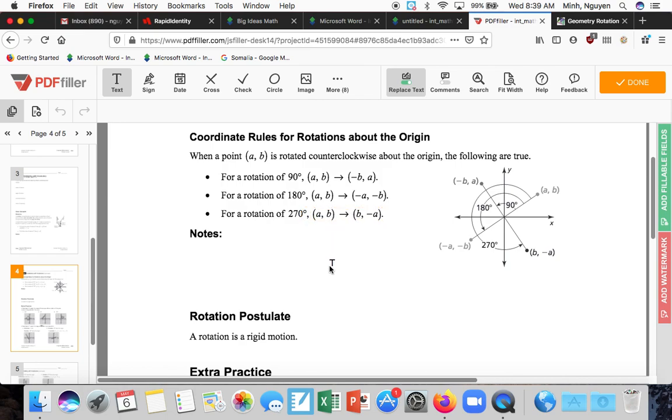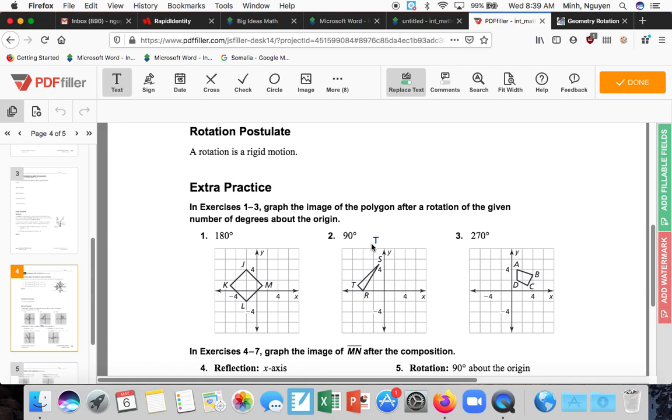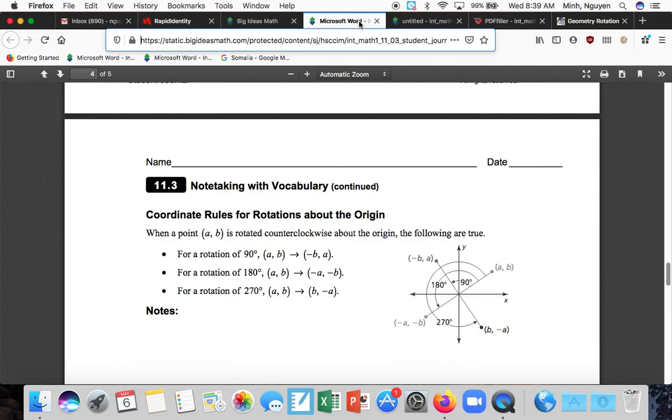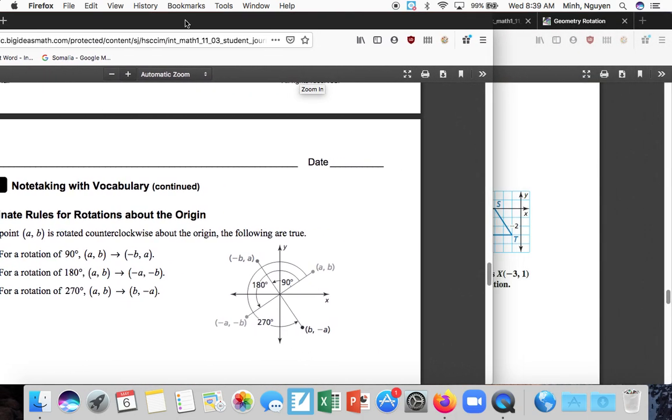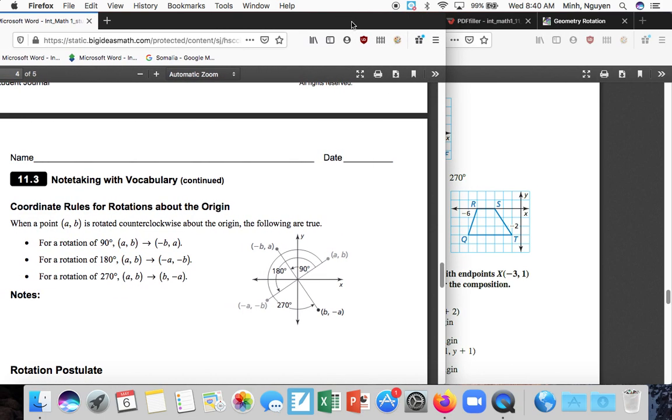And the best way, if this is any type of confusing, is I will do this with numbers so that you see. So, this first one, we're going to rotate JKLM about the origin, and we're going to use this rule.